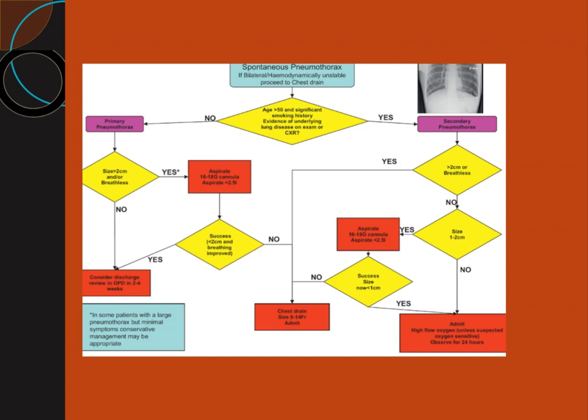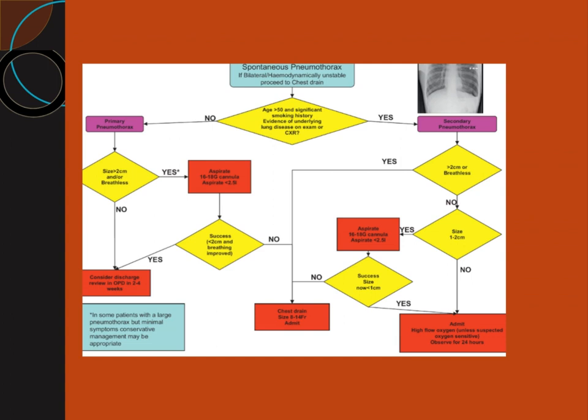First, whether the patient's age is more than 50 years; whether the patient is a chronic smoker, normally a 20 pack year history of smoking; and whether he is known to have underlying lung conditions, like diagnosed COPD already on inhalers, or underlying ILD. If the patient falls in this category, your prime diagnosis will be secondary spontaneous pneumothorax, not the primary one.